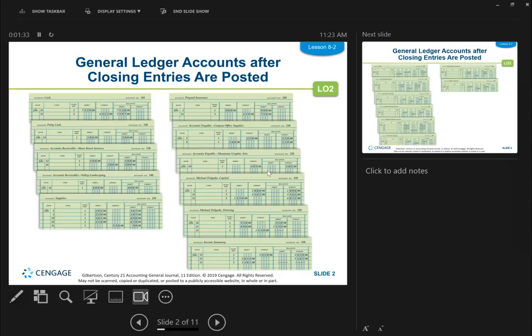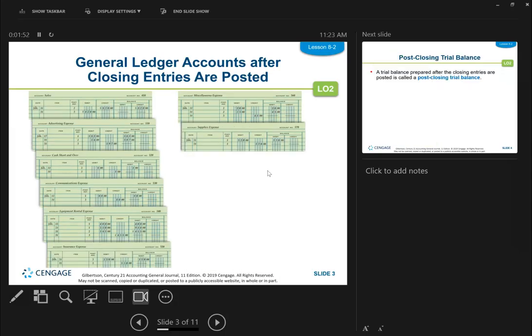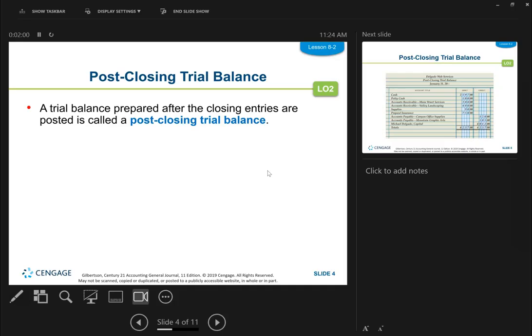It's like balancing a checkbook at the end, to make sure that the assets on hand and the liabilities on hand cancel each other out, or that we have the same number of debits as credits. We have all these ledgers, about two pages' worth, that have all been closed.